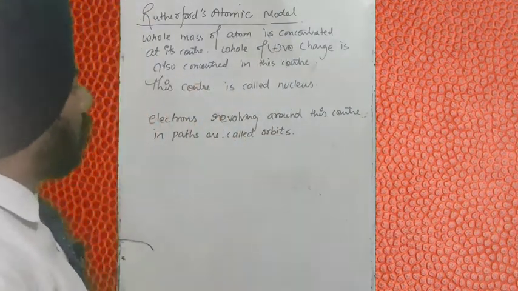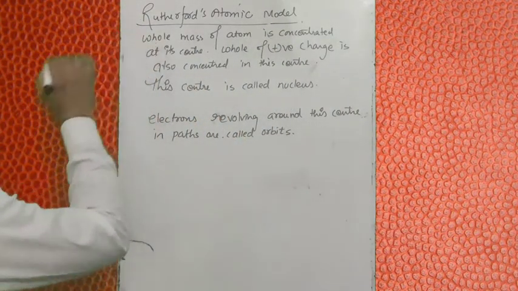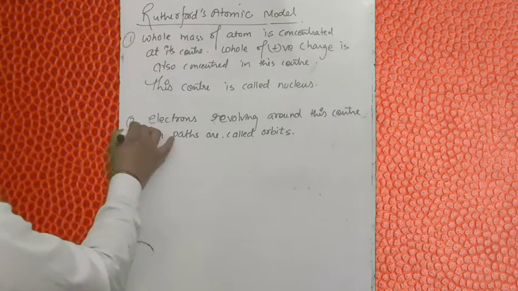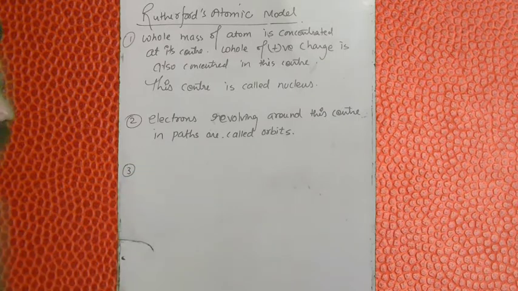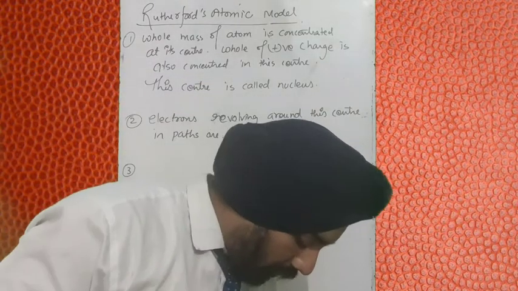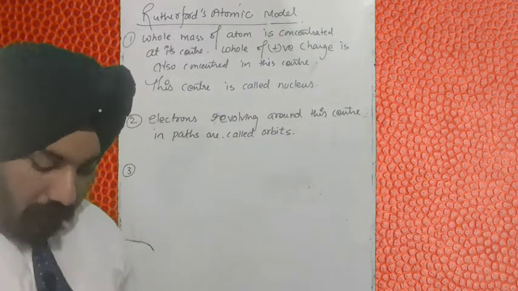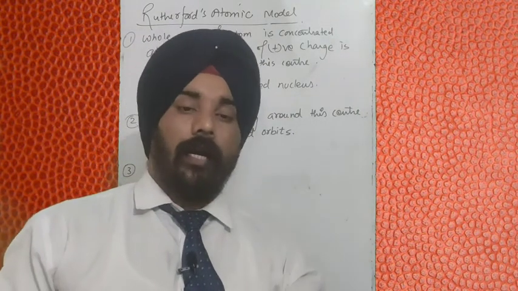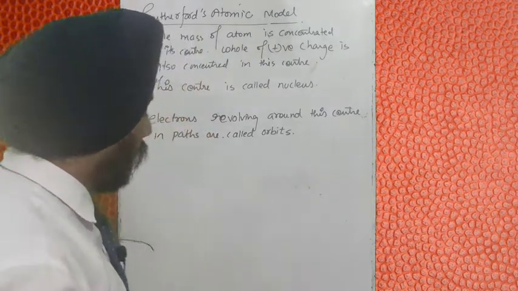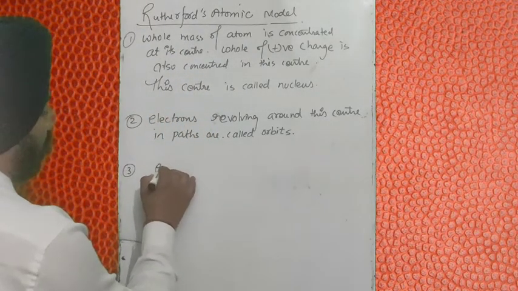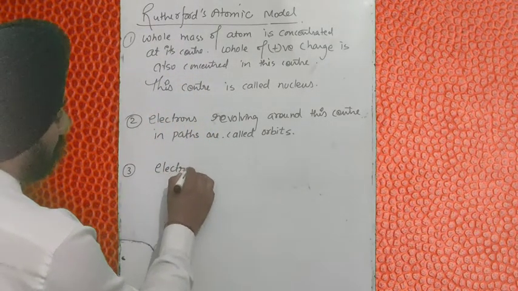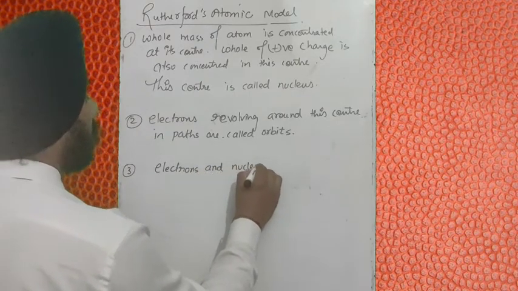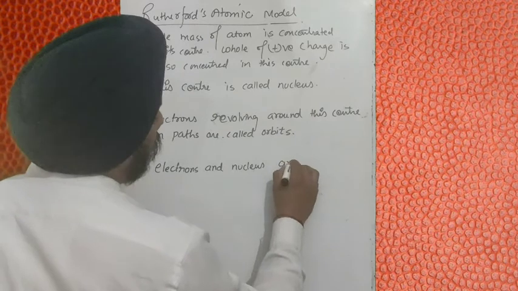Okay, one more important observation can be seen from the Rutherford atomic model. This was the first assumption, second assumption, and third, he told that there is an electrostatic force between electrons and the nucleus.